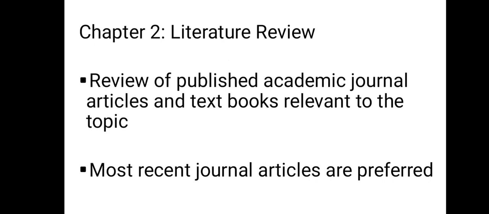They are mostly preferred, but that does not mean that someone who is writing a thesis cannot review articles published 10 years ago or 20 years ago if they are relevant and important to that topic. But most often, it is required that the majority of the papers you review will be those published in recent times, maybe not more than 5 years. That is what the literature review is all about.